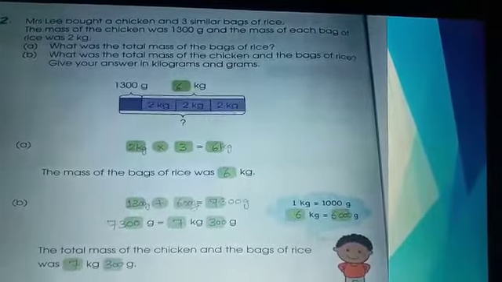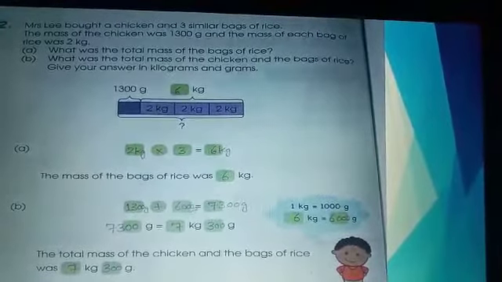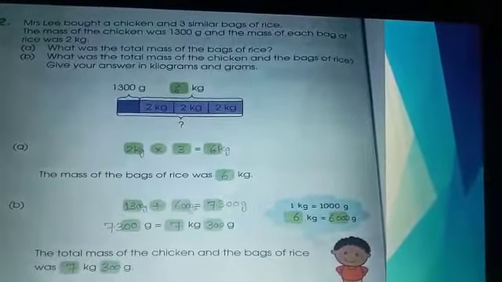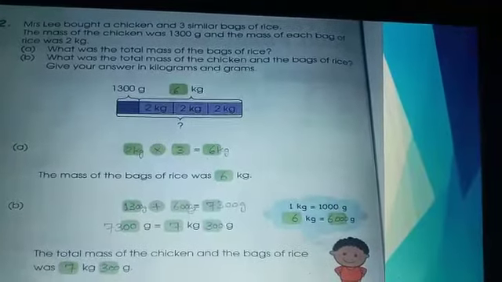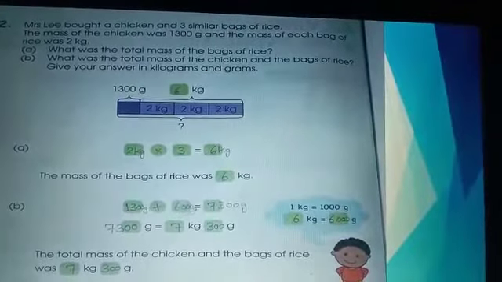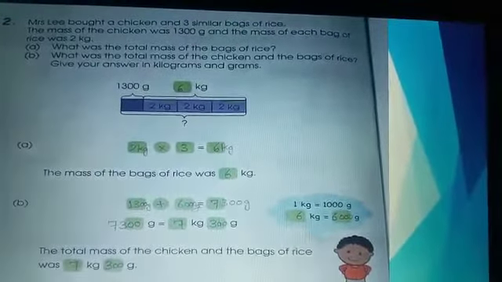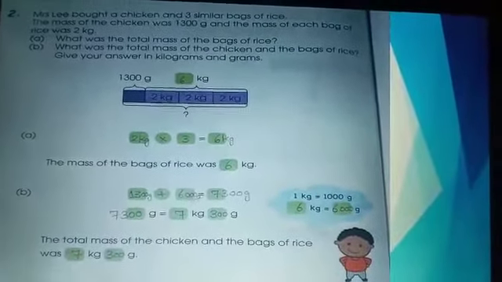Answer is 7300 grams. And now convert in kilograms and grams. 7300, we write 7 in kilogram and we write 300 in grams. The total mass of the chicken and the bags of the rice was 7 kg 300 grams.